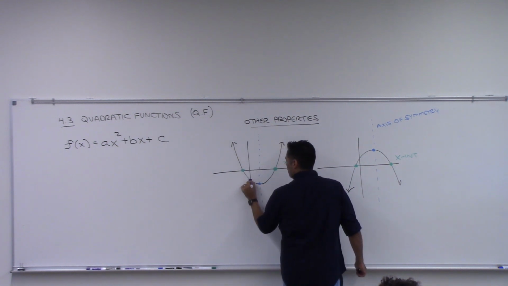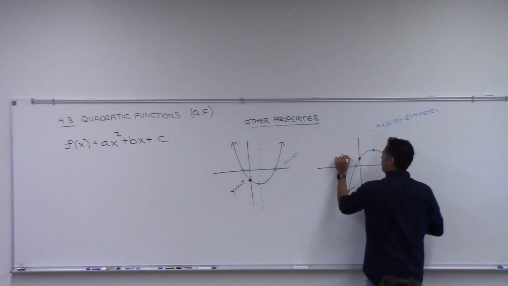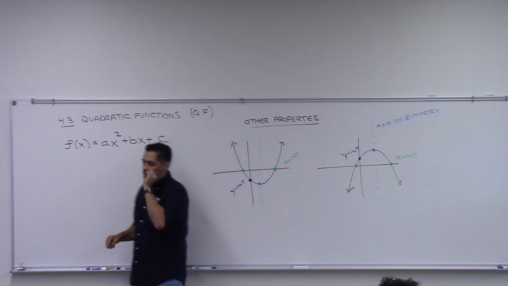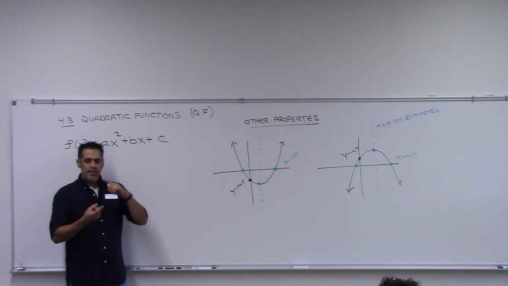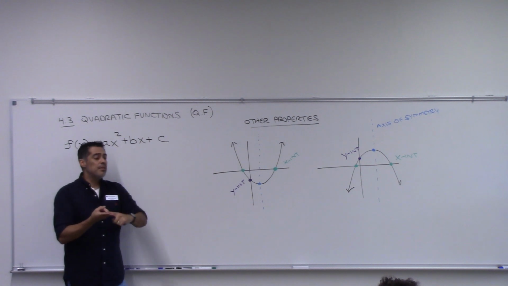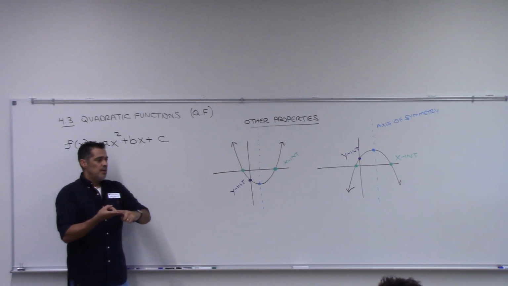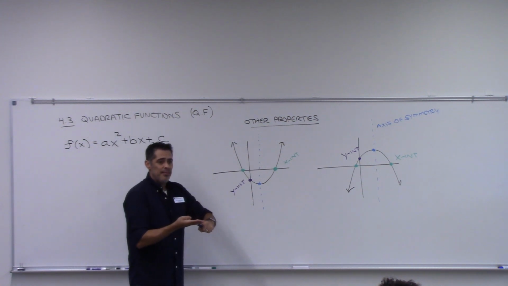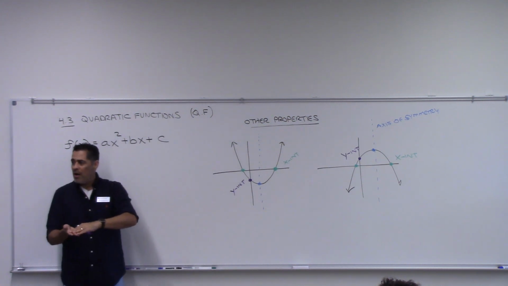This right here would be a y-intercept. So when we look at quadratic functions, we're going to be interested in knowing: does it open up or down? Where's the vertex? Where's the axis of symmetry? Does it have any x-intercepts? Where are they? Does it have any y-intercepts?